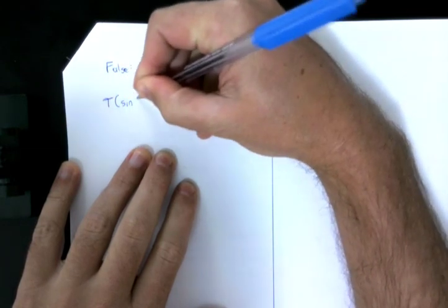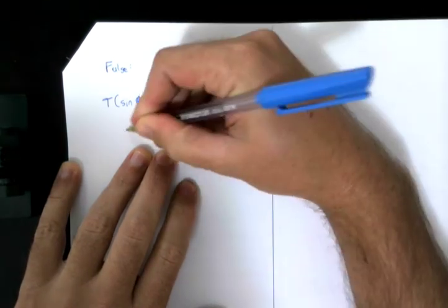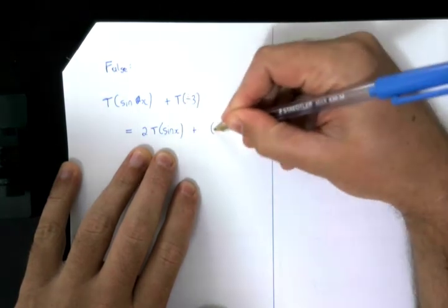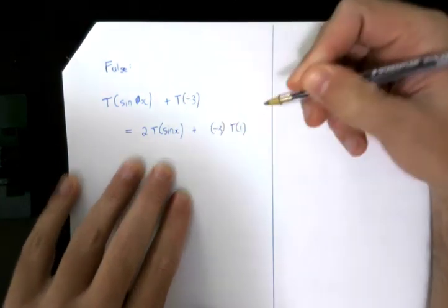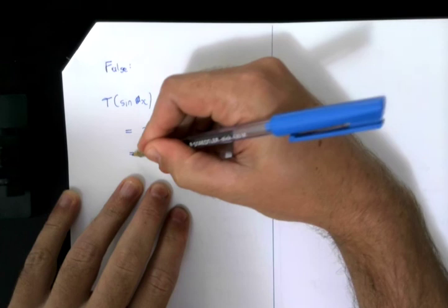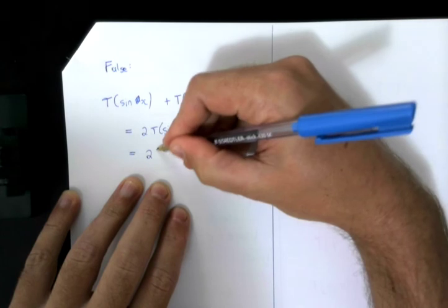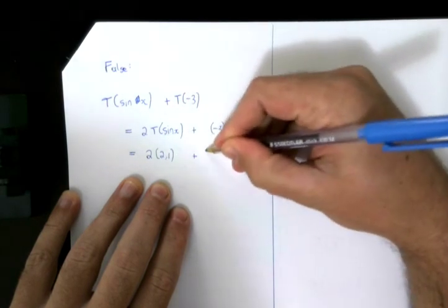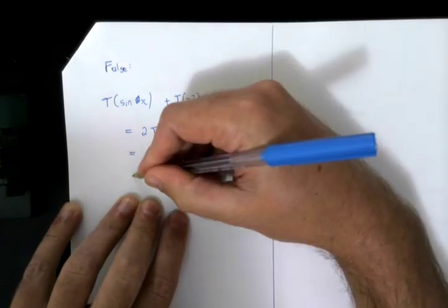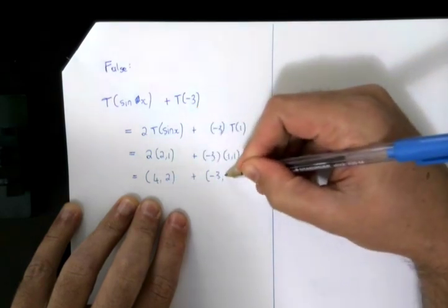That T of sine x plus T of minus 3 is equal to 2 times T of sine x plus minus 3 times T of 1, which is equal to 2 times (2, 1) plus minus 3 times (1, 1), which is equal to (4, 2) plus (minus 3, minus 3).